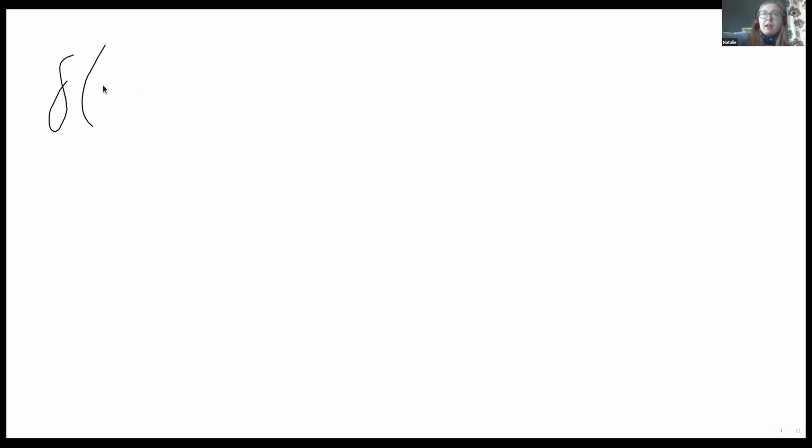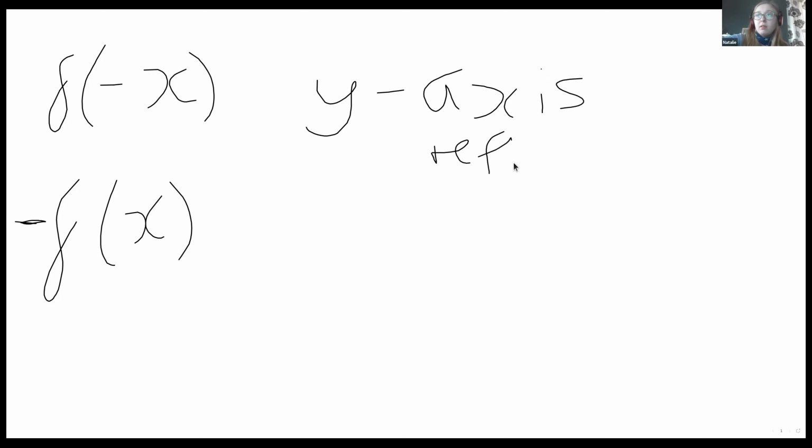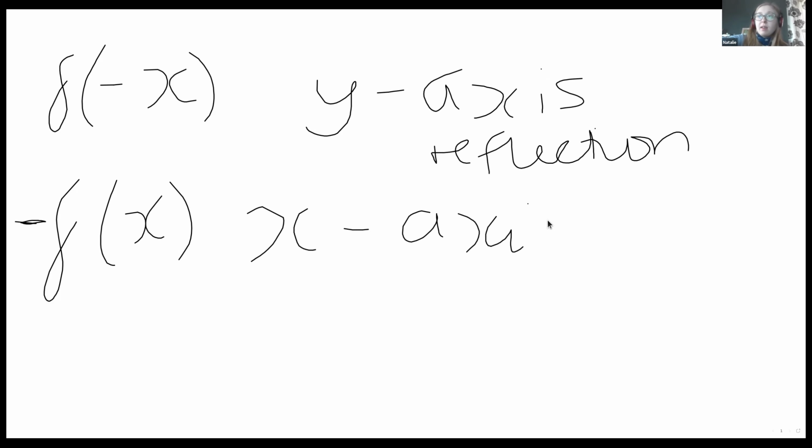If I have f of minus x and minus f of x, the top one is a reflection in the y-axis, which means the x's swap over. And if it's minus f of x, it's a reflection in the x-axis. And again, you will see this when we do an example.